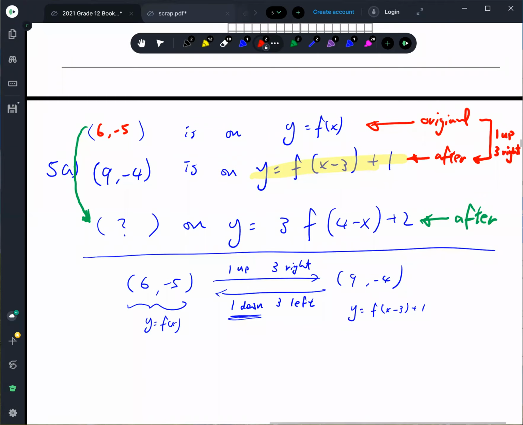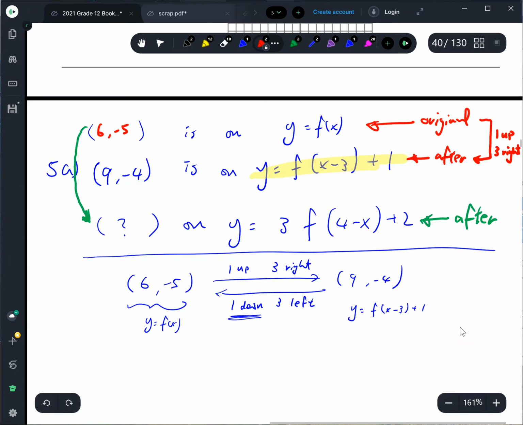Any questions so far? So you should always find the original first before you try to get to the answer, right? If they give you something that's not on the original, original is the one that has no stories at all.